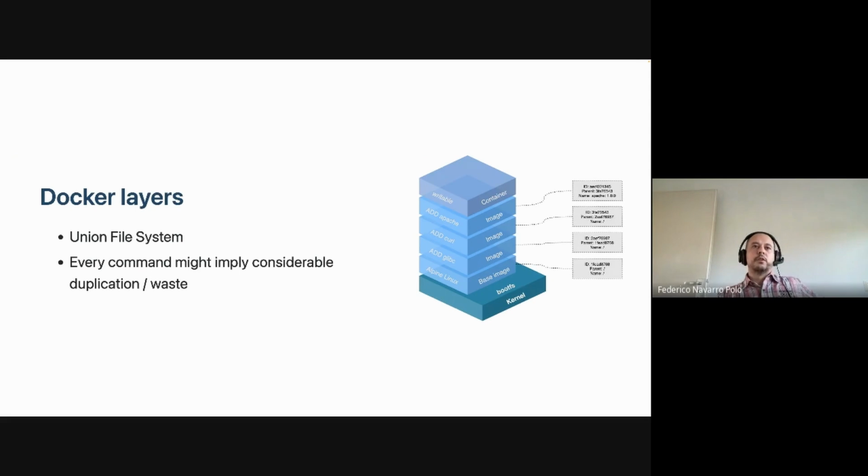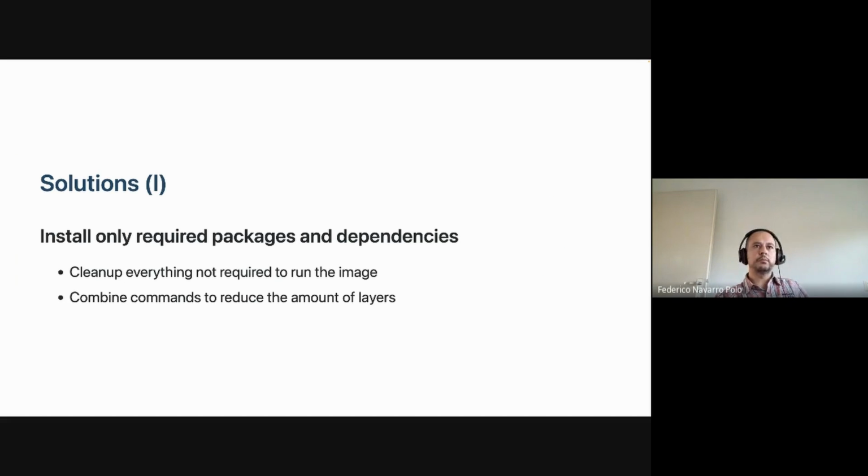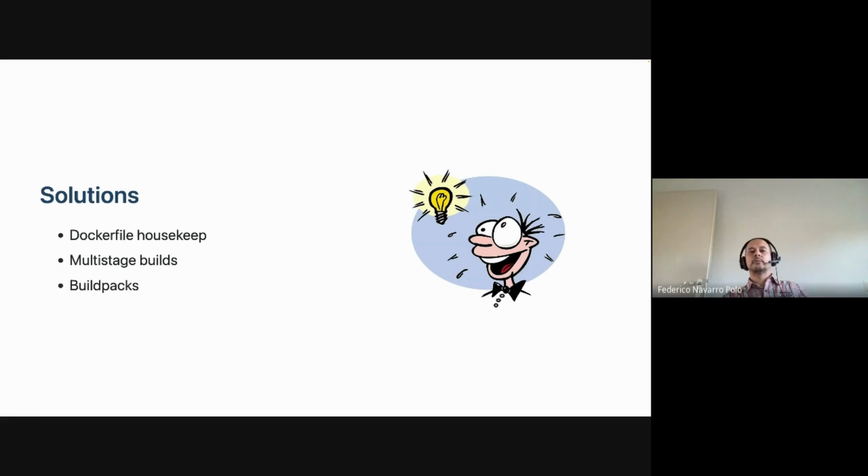So there are multiple ways of avoiding this. The basics is to actually just write down your Docker file in a way that you prevent these kind of things. Then you can also use multi-stage builds, which has other benefits, but this could be a way of also addressing this.